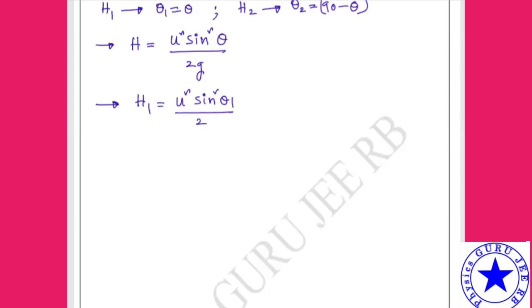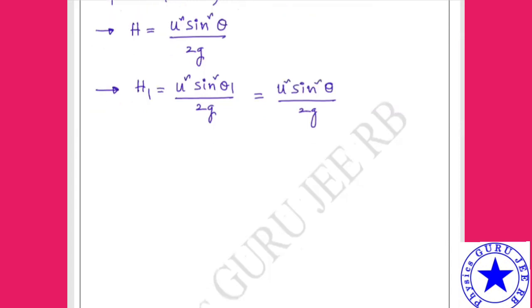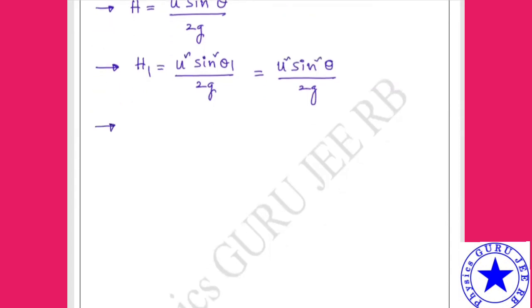Am I correct? Yes or no? Is the maximum height formula correct? Everybody will accept u square sine square theta divided by 2g. Here theta 1 is theta.